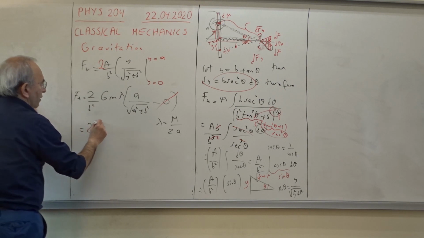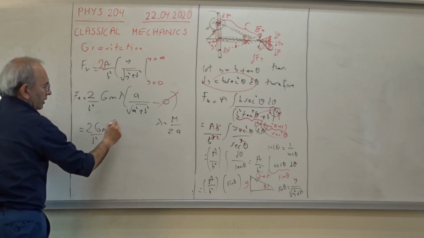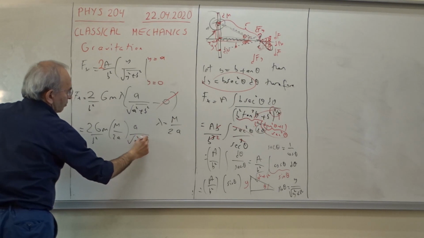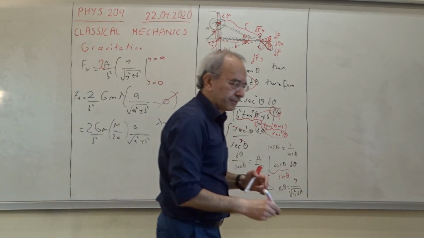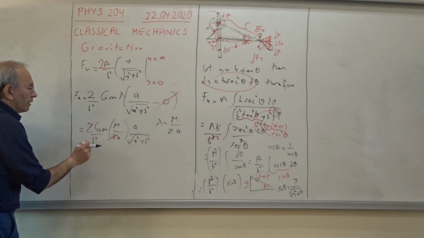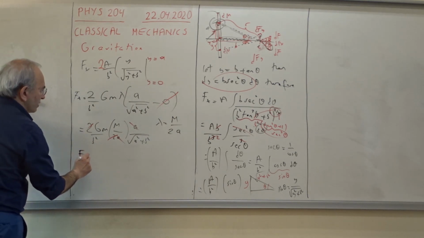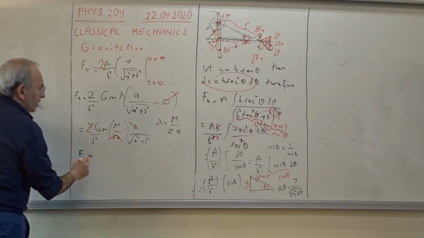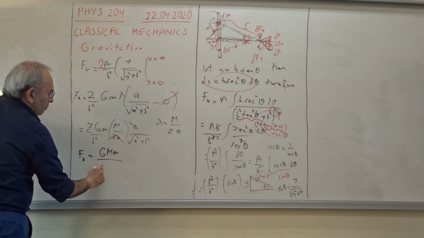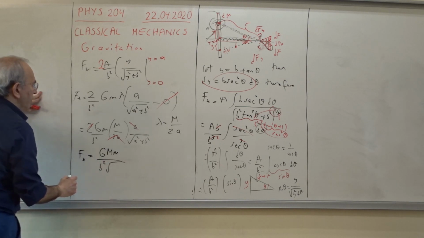And finally, we have GM. Don't forget this b squared. For lambda, we write m over 2a. Here we have a over the square root of a squared plus b squared. So these 2's will cancel, those a's will cancel, and we obtain at the end the net force Fx, of course, f in the x direction, is just capital G, capital M, little m, divided by b, multiplied by 1 over the square root of a squared plus b squared.